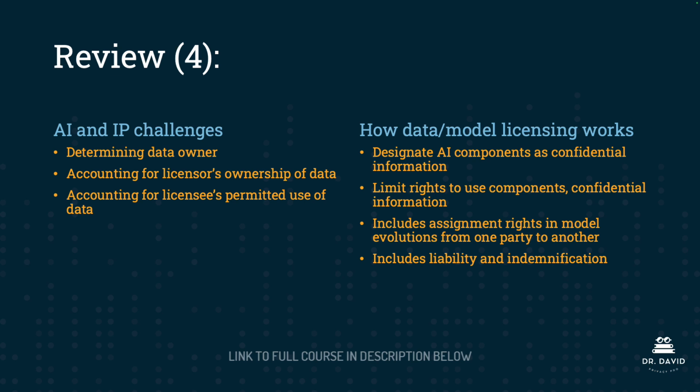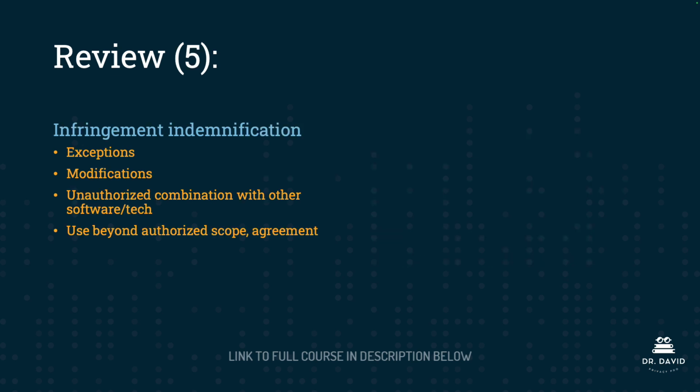This includes assignment rights in model evolutions from one party to another, and can include liability and indemnification. Finally, in some cases, infringement indemnification may be voided if there are modifications to the software, if there's an unauthorized combination of the licensed software or data with another software or piece of technology, or if that software is used beyond authorized scope or the terms of agreement.